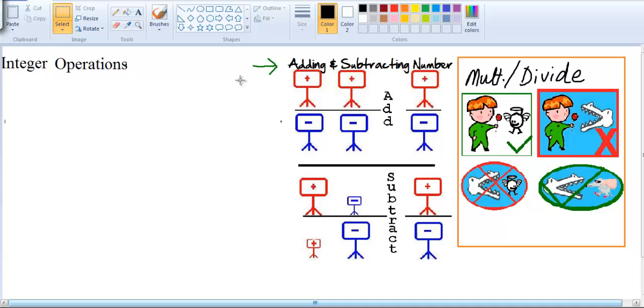Now let's talk about adding and subtracting. When you have two positives, for example, positive 3 plus 5, this is what you've done all your life. This is the addition you know from the time you were small. You just add, and you keep the positive sign. 3 plus 5 is 8.